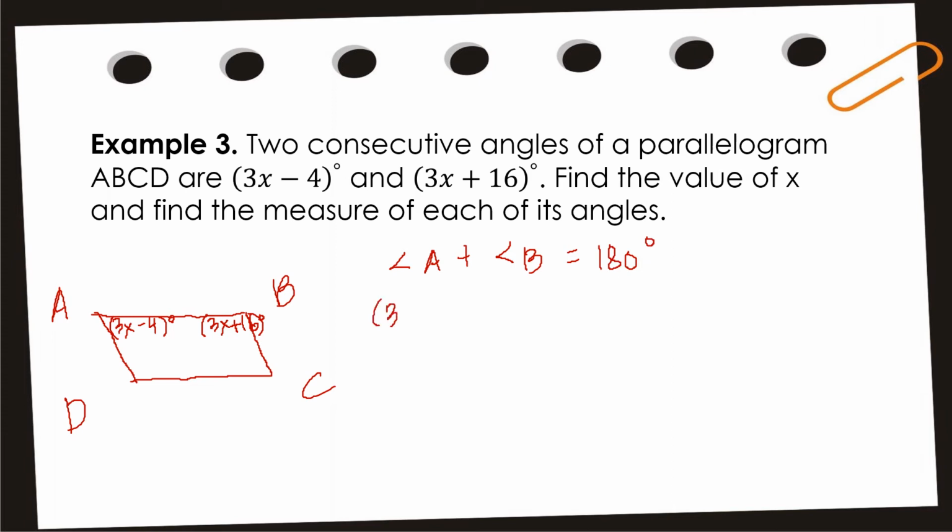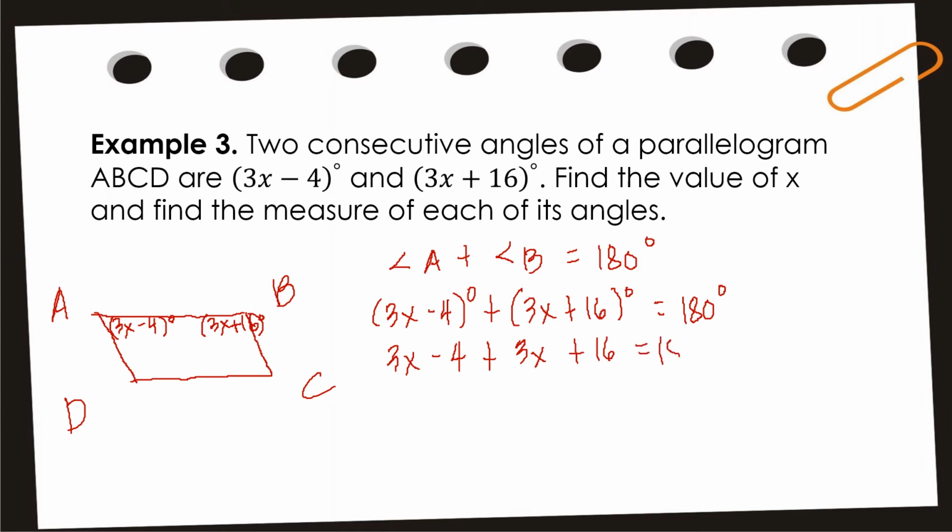Angle A is 3x minus 4 degrees. Angle B is 3x plus 16 degrees. Removing the grouping symbols, we have 3x minus 4 plus 3x plus 16 is equal to 180 degrees. Let us combine like terms. 3x plus 3x is 6x, negative 4 plus 16 is positive 12.